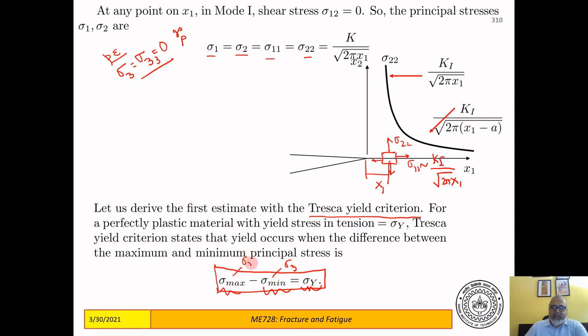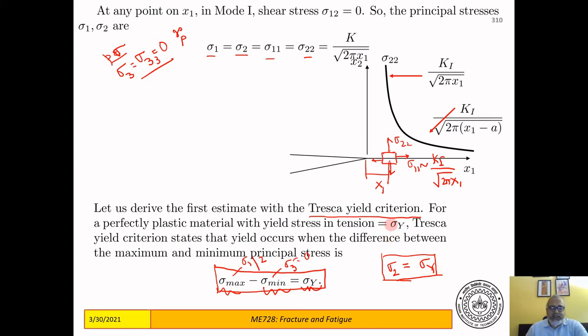Sigma max is either sigma 1 or 2, and the difference between them has to be equal to sigma y. So sigma 3 is equal to 0. Therefore, sigma 2 equal to sigma y is the point at which a Tresca material is going to yield in plane stress. So in plane stress, yield is going to happen at this point.